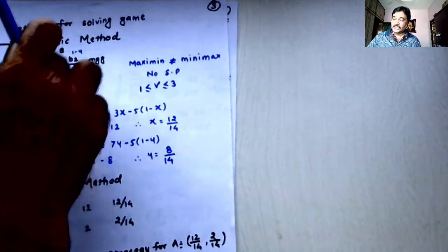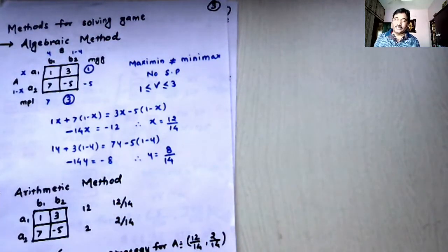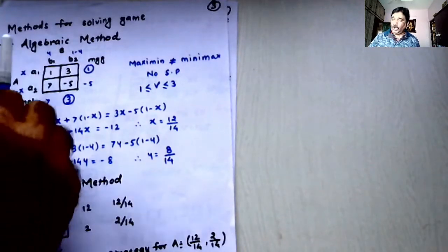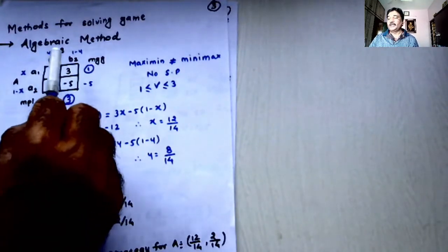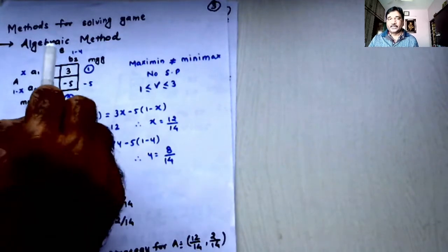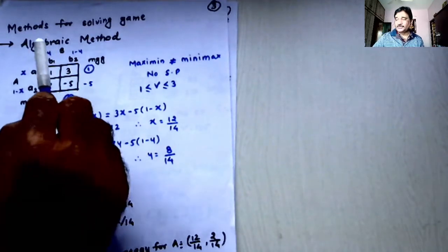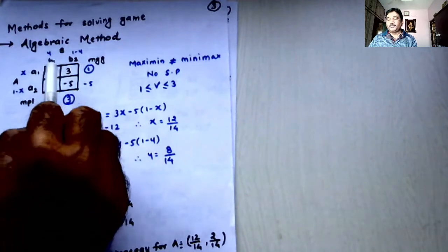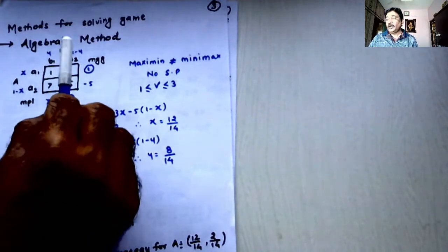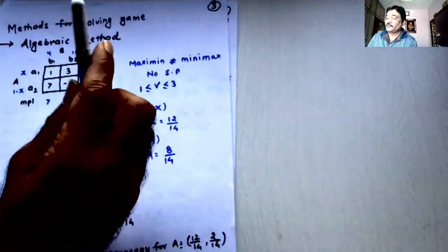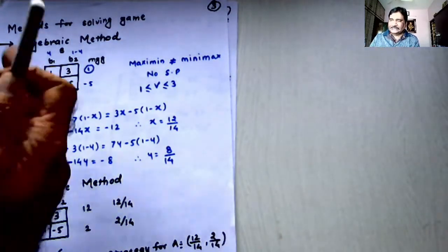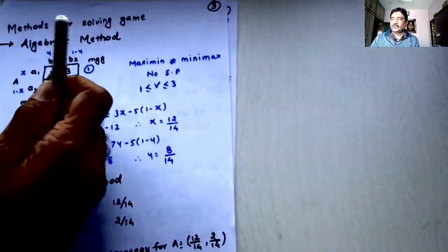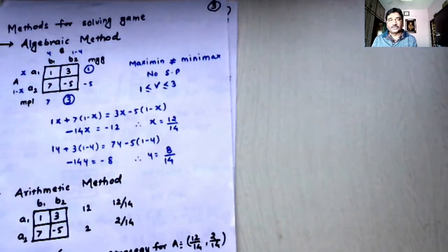So if these are the proportions, only in that case will the sum of the products of the proportions and the payoffs, if player B plays B1 or B2, be the same, and that is 26 by 14. Any other proportion taken here won't give you this kind of result.